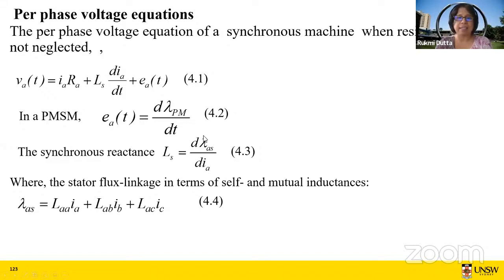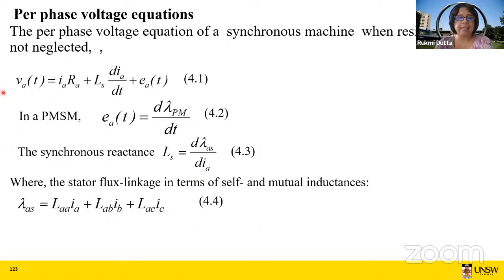This is the flux linkage of the phase A current, which is actually the sum of the self-inductance times phase A current, plus the mutual inductance between phase A and B times the B phase current, plus the mutual inductance between A and C times the C phase current. We have learned about it.